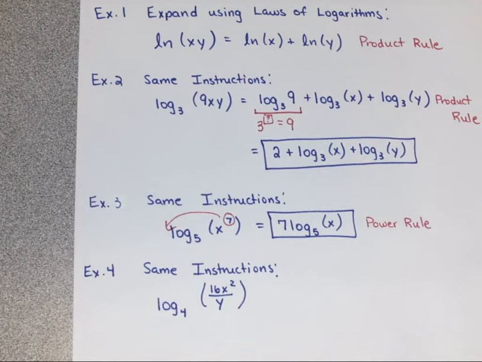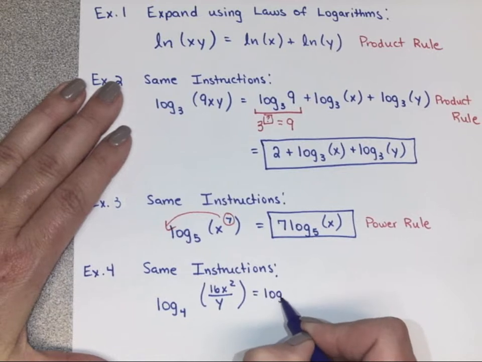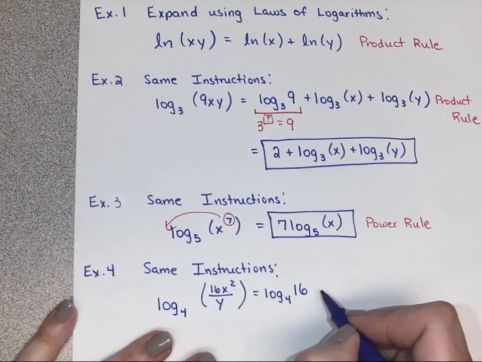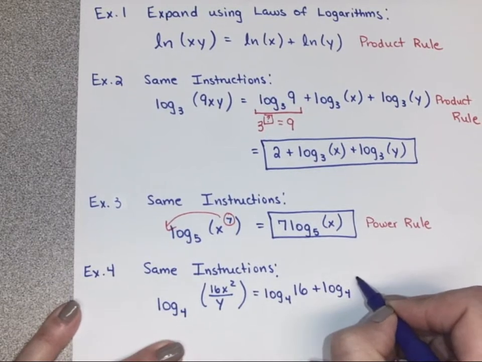I'm multiplying 16 times x squared, but then I'm dividing by the y. Okay? So how many different log parts do you think I'm going to have based on what I have inside here? 3 parts, right? So I'm going to start off with the log base 4 of 16. Okay? And then I'm going to add the log base 4 of x squared.